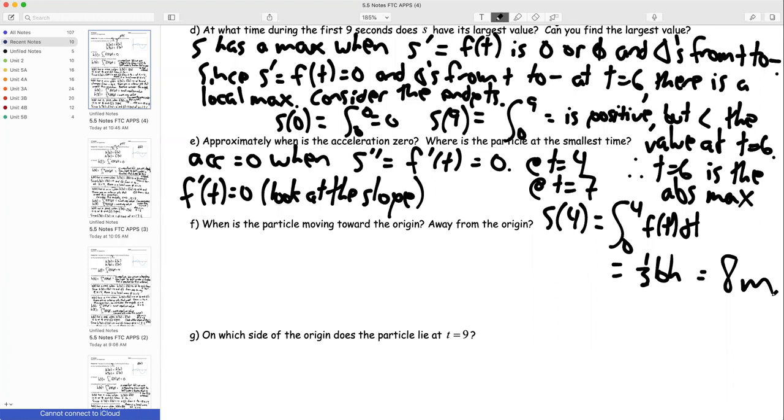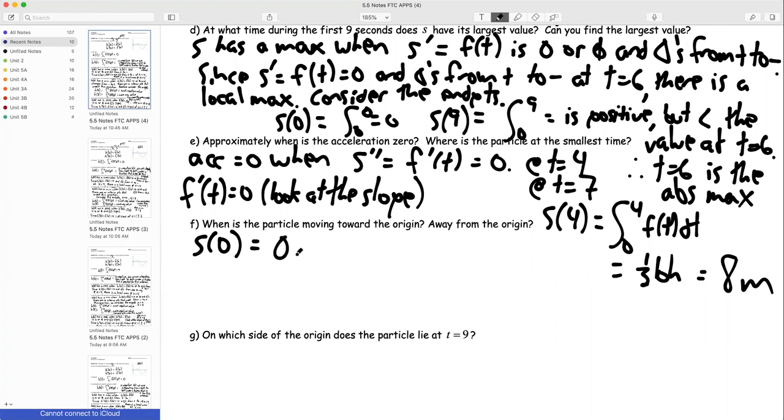The origin is the point 0, 0. However, I need to find the position. So I want to find S of 0, and S of 0 is equal to what? The integral from 0 to 0, which is 0.